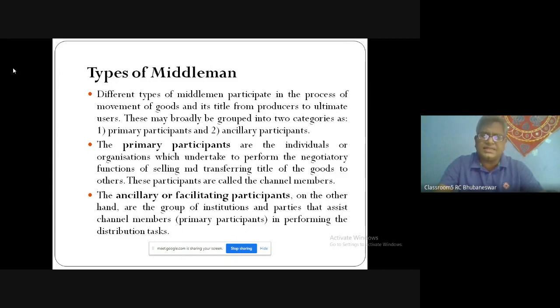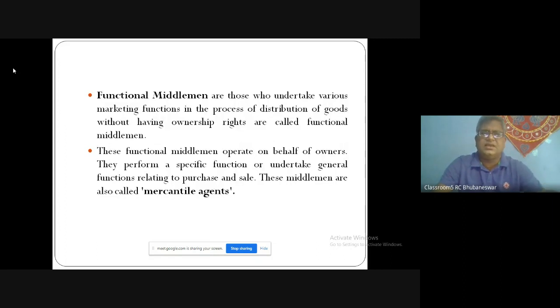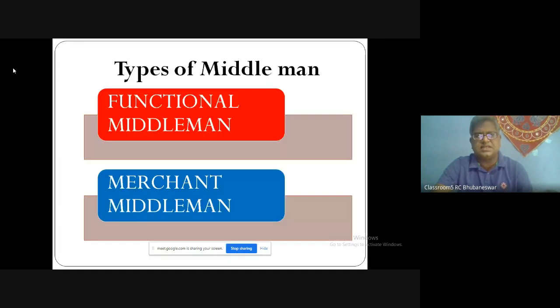An ancillary participant assists the members to perform distribution tasks like financing, helping, storing, or packaging. That type of ancillary functionality is there. Or you may call them mercantile agents, and they function more in relation to purchase and sales.